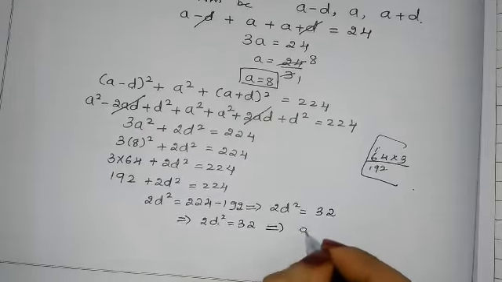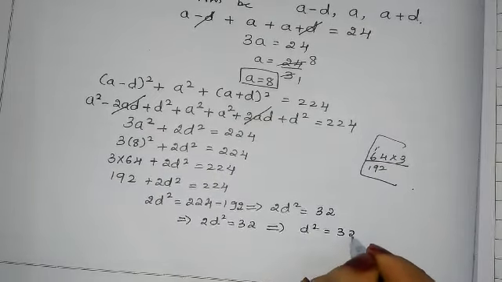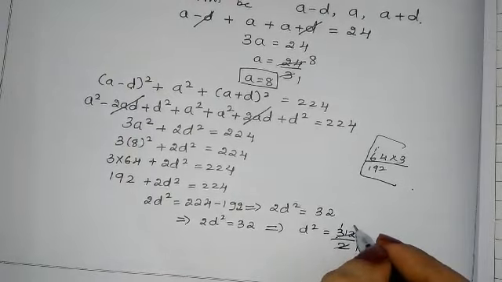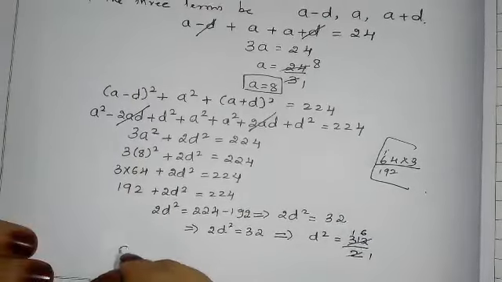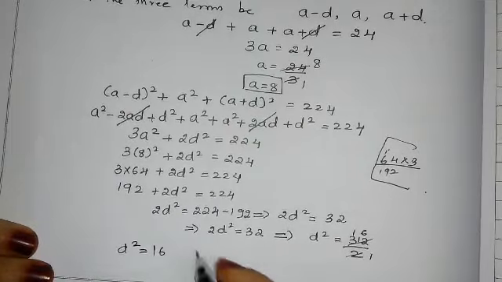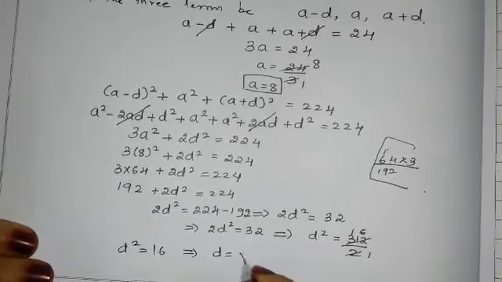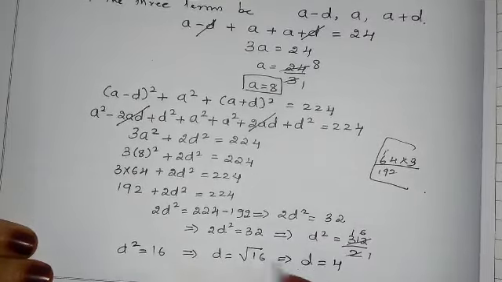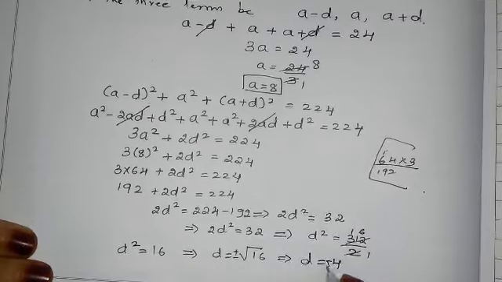D square is equal to 32 by 2. 2 1s are 2, 2 6s are 12. So we got D square is equal to 16 and D is equal to root 16, and that is D is equal to plus or minus 4.